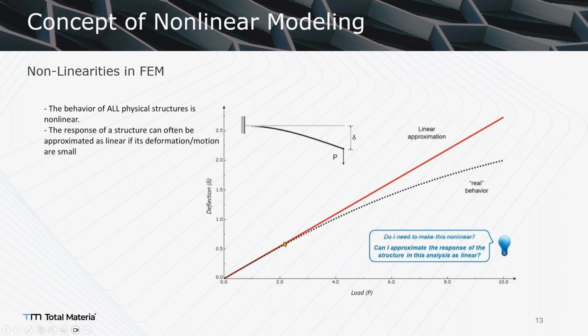We can assume it as linear if this P load is very low, but in real life it will be nonlinear. This is just a very simple example of nonlinearity, but we can say lots of things actually. We will also talk about nonlinearity from material, boundary, or other things.